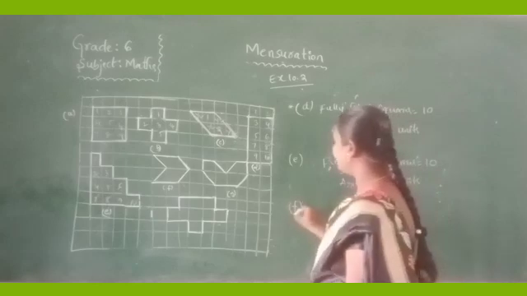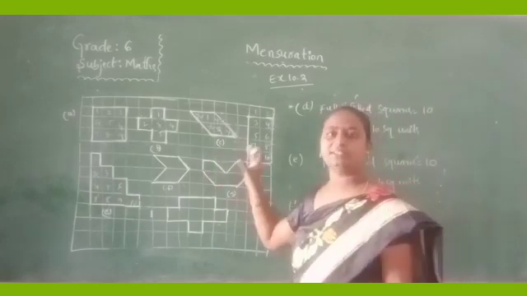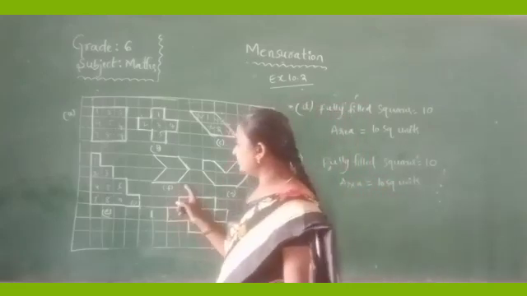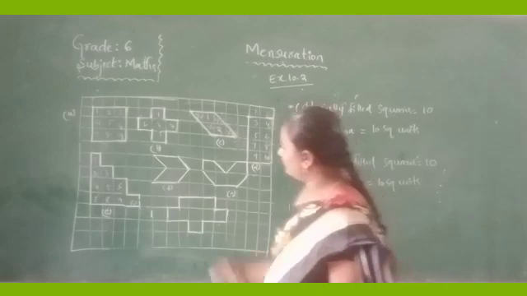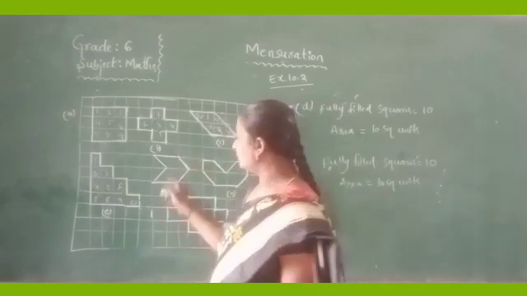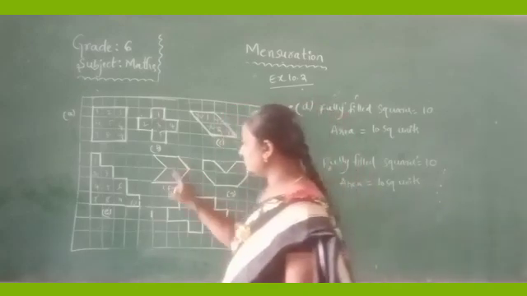Next come to the F problem. Everything you have to draw on the square paper. So in this figure, there are half filled squares and full squares. First count full squares.